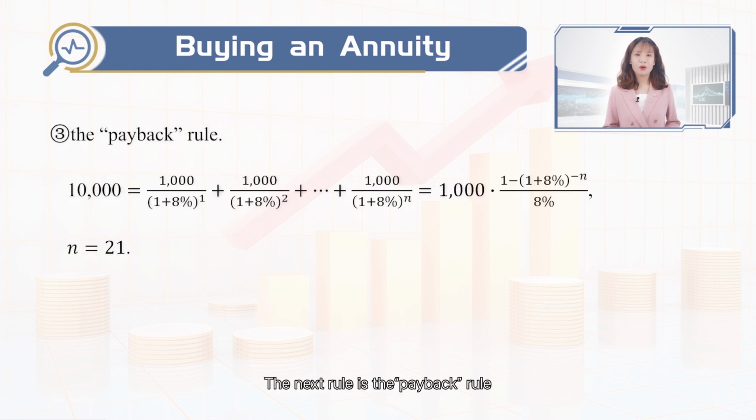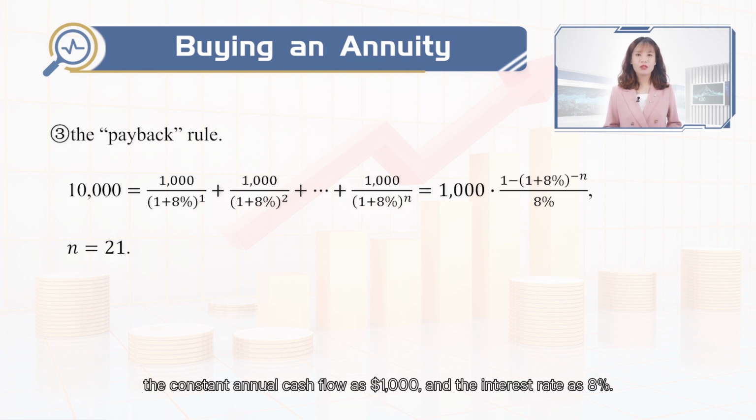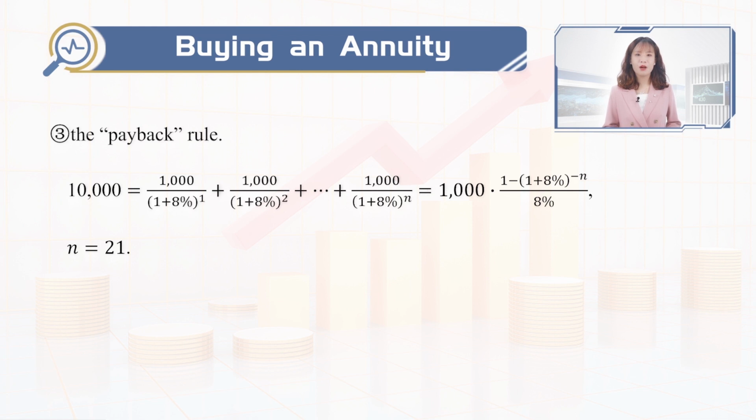The next rule is the payback rule. We need to find the number of years. Take the PV as $10,000, the constant annual cash flow as $1,000, and the interest rate as 8%. By the formula of PV for the ordinary annuity, N is obtained as 21 years.